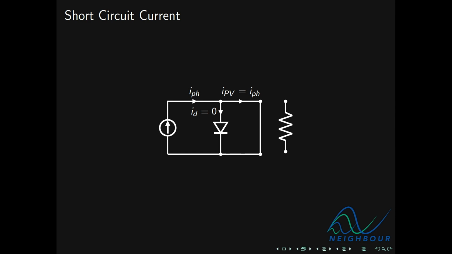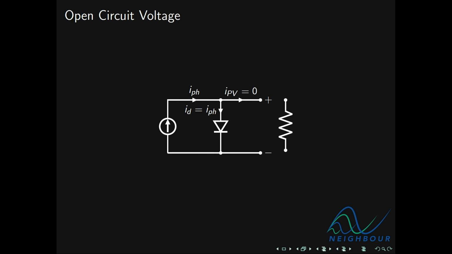If we short, quote unquote, the terminals of a PV generator, so if we connect its positive and negative terminals together, the current that flows between the terminals is this maximum current, which is the short circuit current. And as you can see, because there's no way to apply a voltage across a load, power output is 0. On the other hand, if we don't connect anything to the terminals of a PV generator and measure the open circuit voltage, the voltage that we will read is the maximum voltage that we can derive from that PV generator.